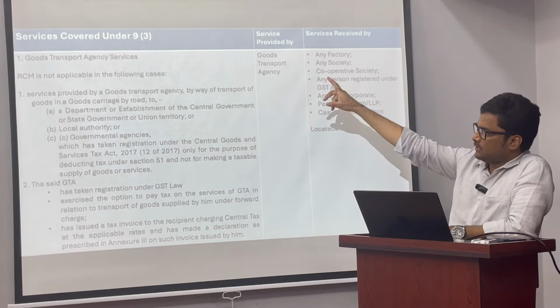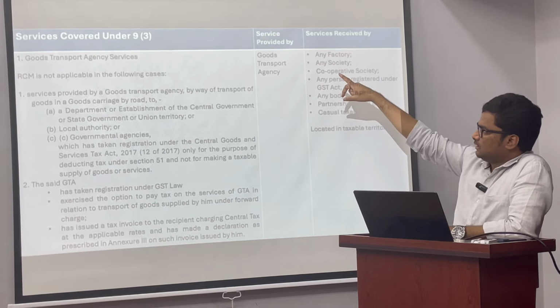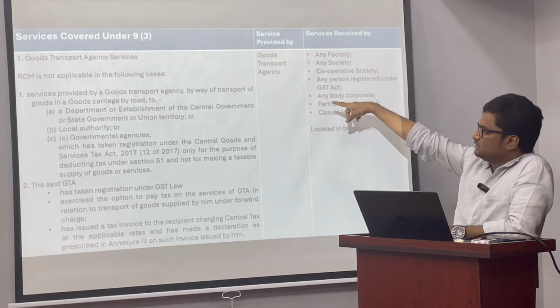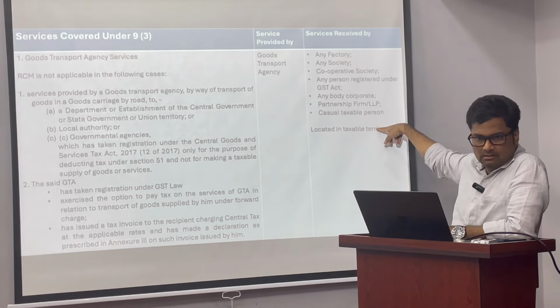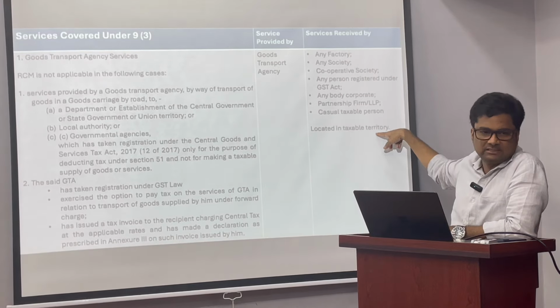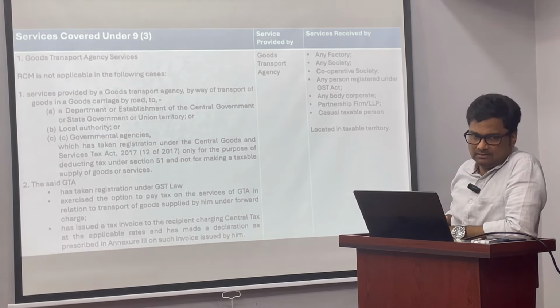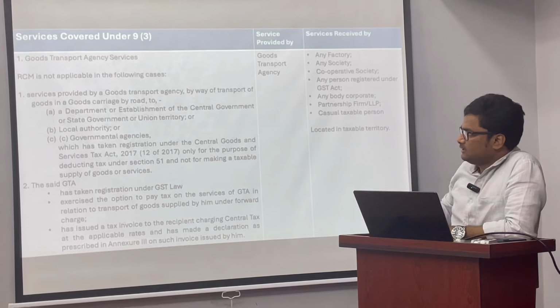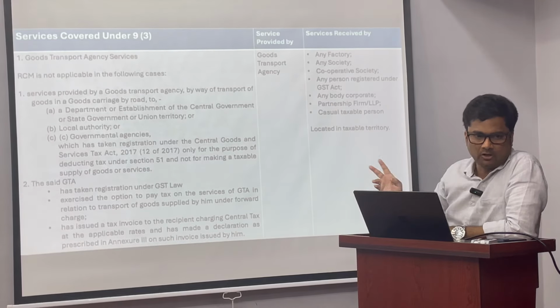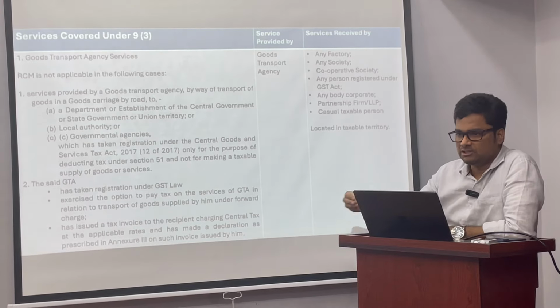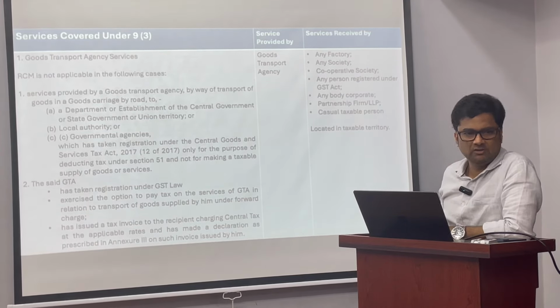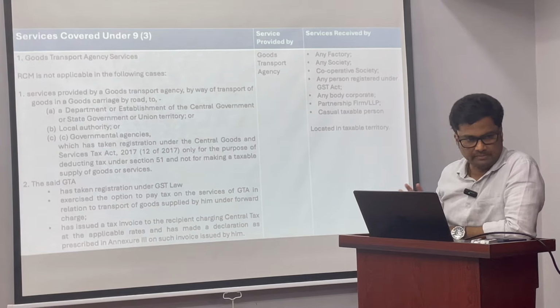So if the provider is a GTA providing a GTA service and the receiver is one of these people, RCM is applicable. Then who is not covered? Either you are not a GTA, you are an auto person, a rickshaw, an individual truck operator, then it is not applicable.